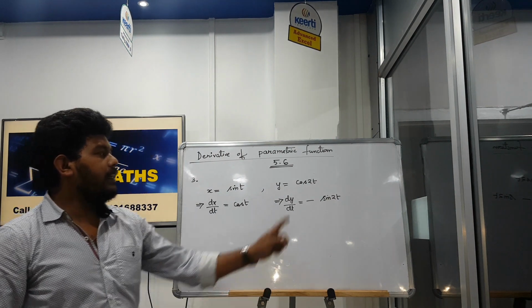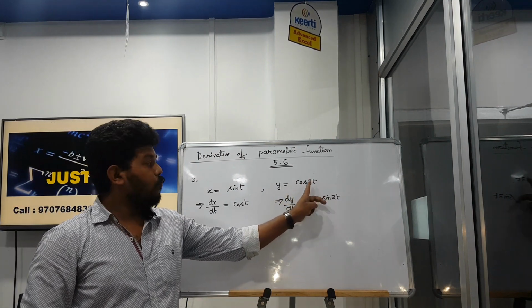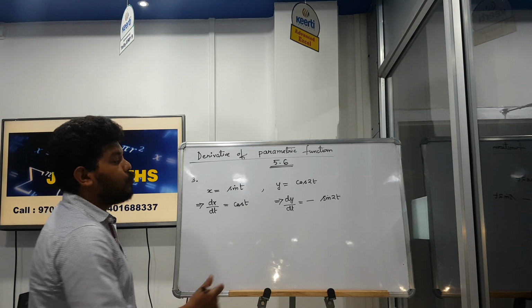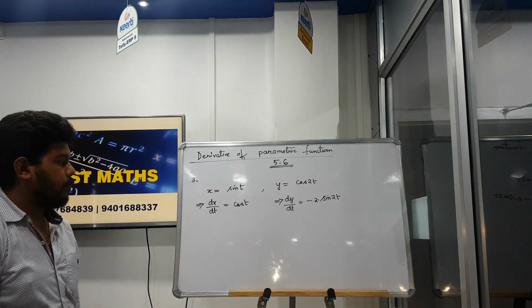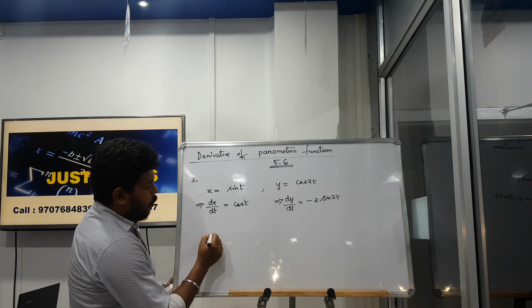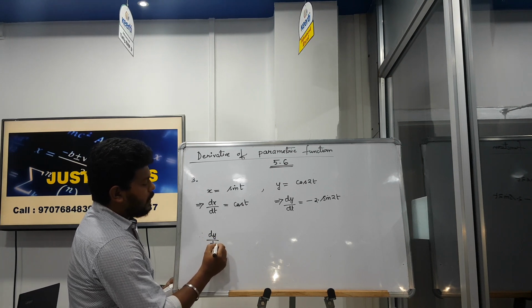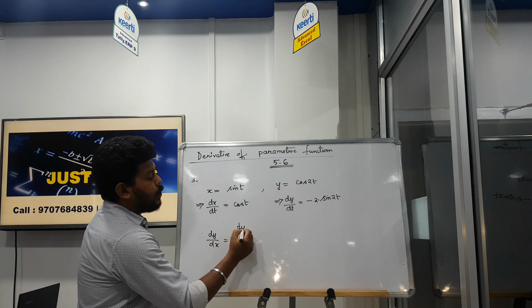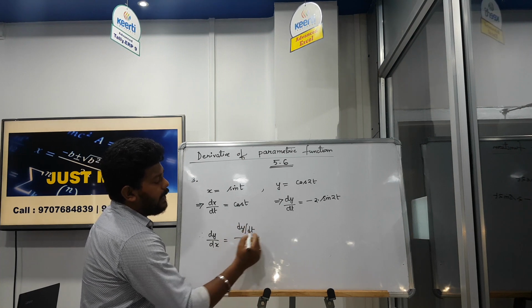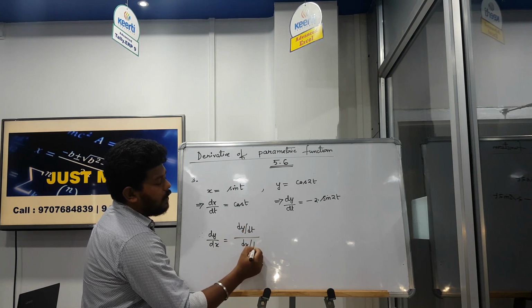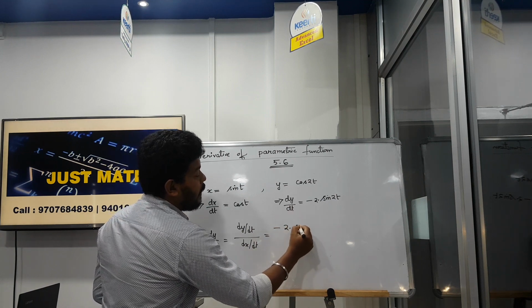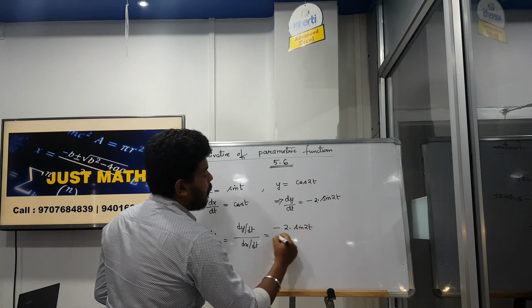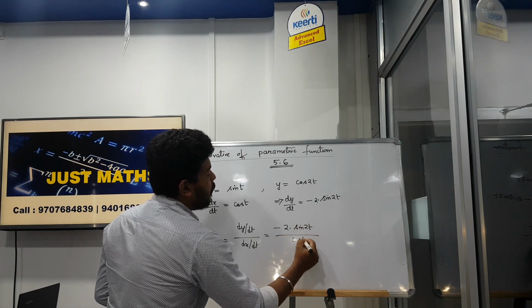But here it is 2 into t. For twice t, the derivative is 2. You must write 2 into sin twice t. Therefore, your value of dy by dx is equal to the ratio of dy by dt and dx by dt. Now place the values: minus 2 sine twice t divided by cos t.